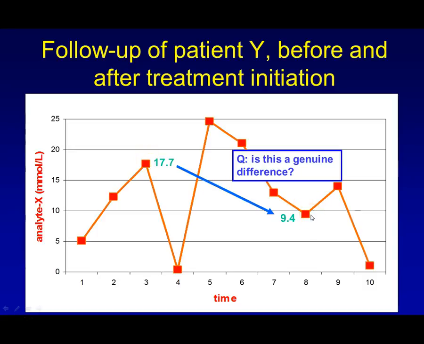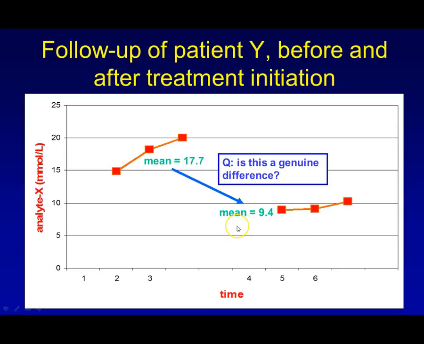And there may be a difference, but we still don't know. We see that there is huge variation. But is this a difference? There seem to be quite consistent values of this analyte. But is it a difference? Again, for this we need the sum of analytical and biological variation to determine it.